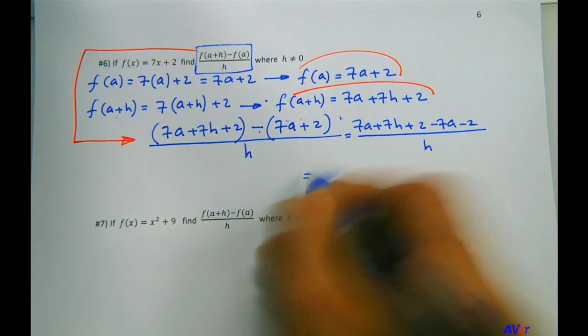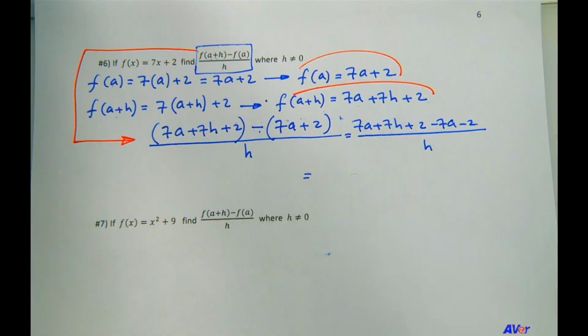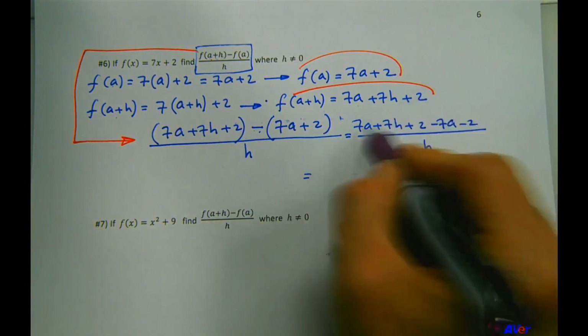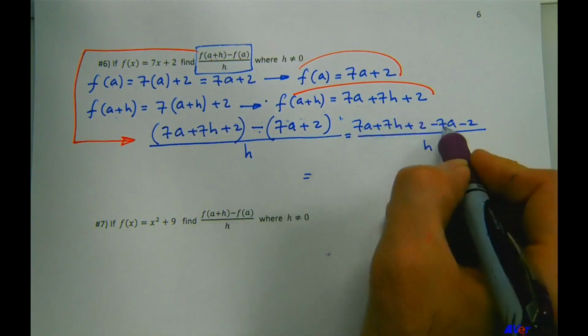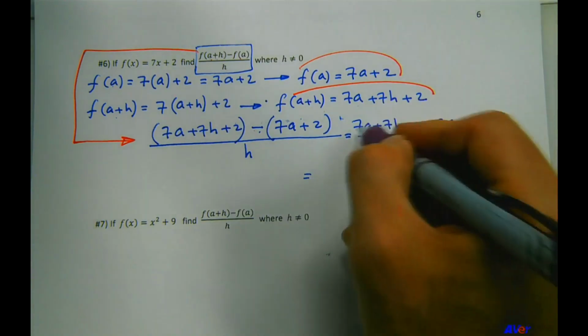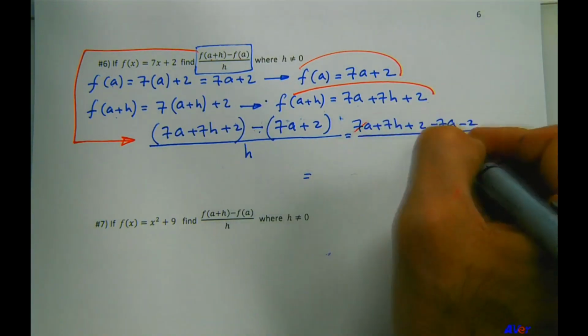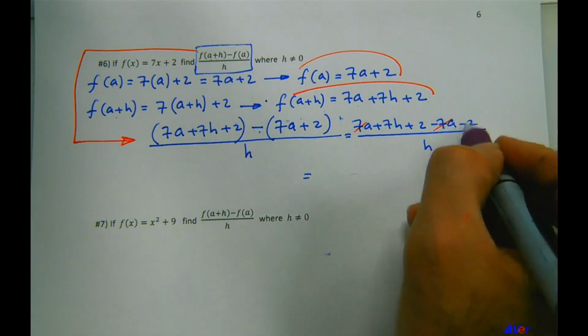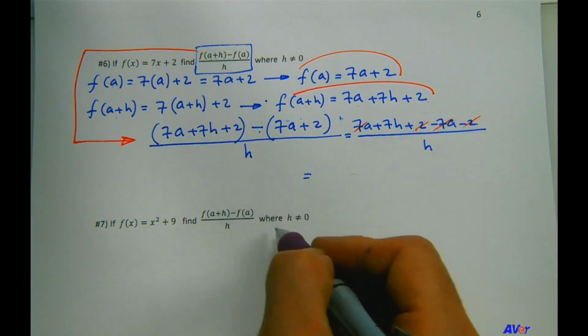So now, is there anything we can do to simplify this? Let's see. Okay, so 7a minus 7a, they add up to 0. These two, that one and that one, add up to 0. Negative 2 and positive 2 add up to 0.